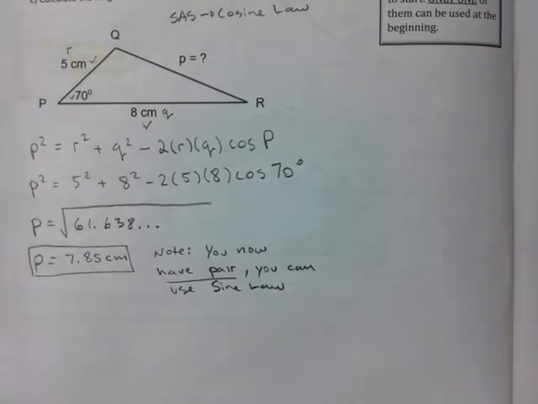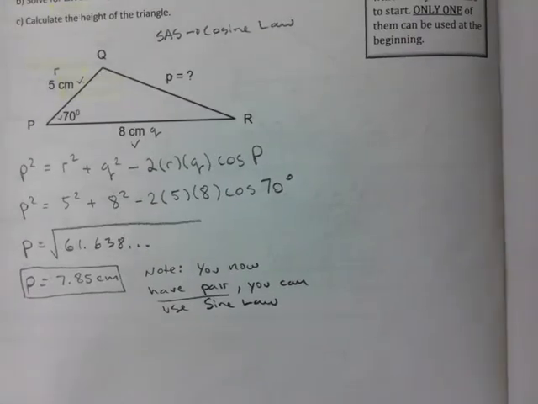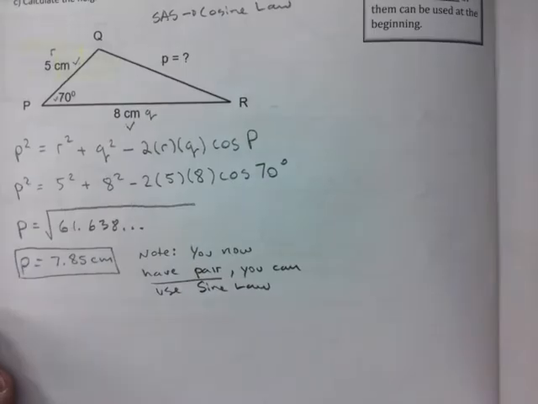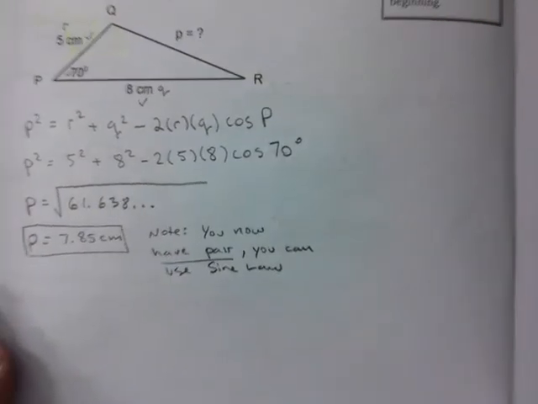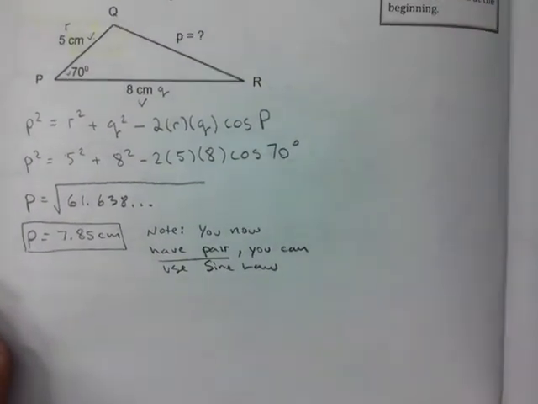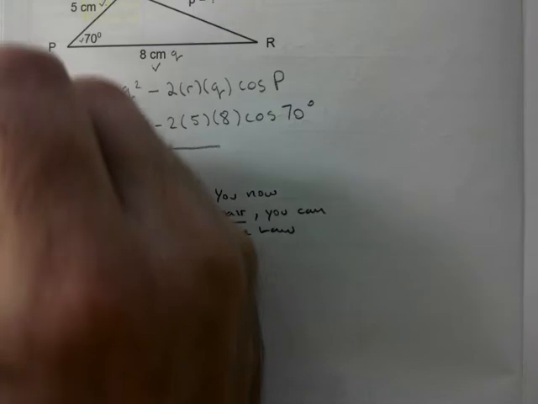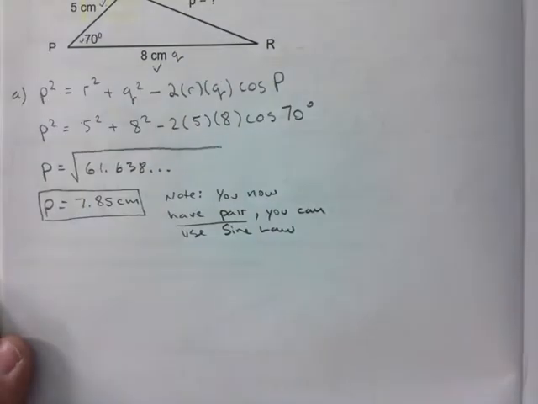You can use sine law, absolutely. But I'm gonna stick with cosine law because you're new, right? You're new to it. There we go. So this was A. We solve for A there.